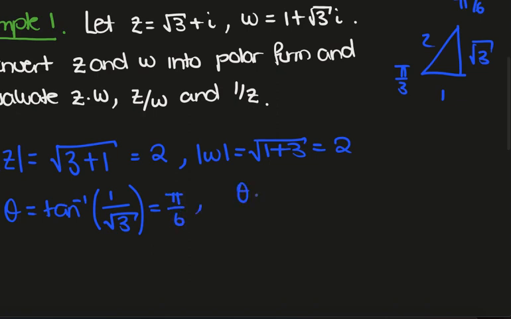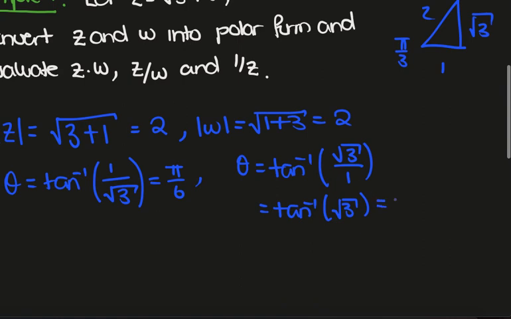For w, the argument is arctan of root 3 over 1, which is arctan of root 3. Since tan is opposite over adjacent again, we see the argument here is pi on 3.